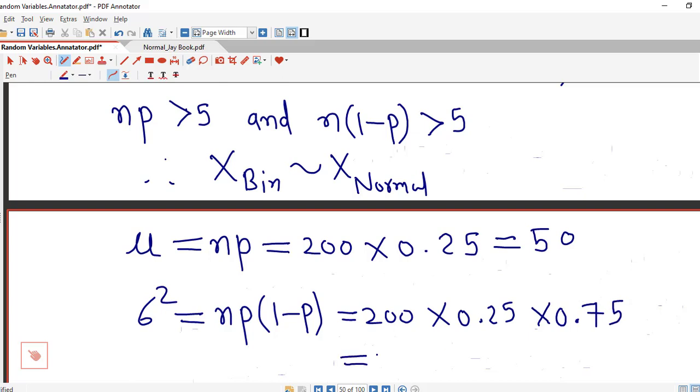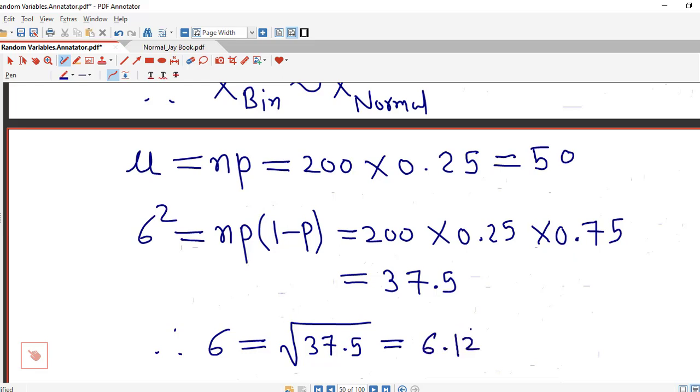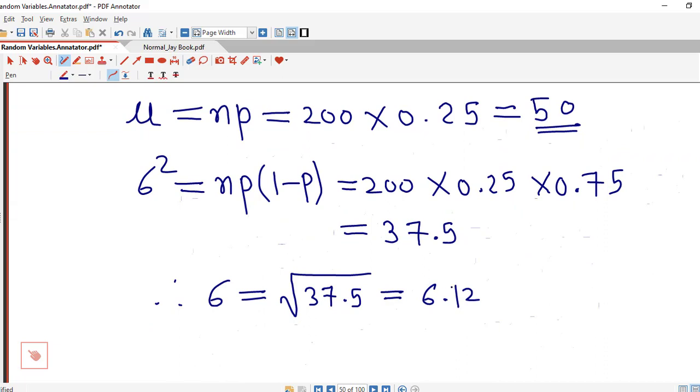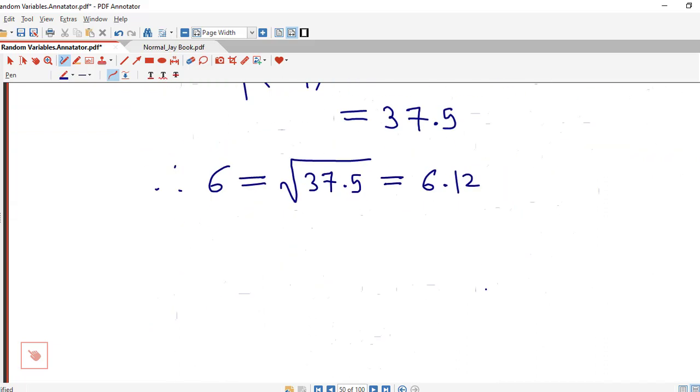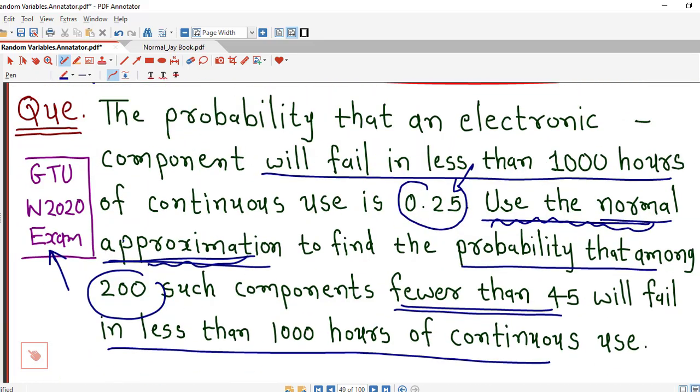So this becomes 37.5. Using scientific calculator I have written, but I am interested in standard deviation, so it is nothing but square root of variance, which is 37.5, and this is nothing but 6.12. So this X is a normal random variable with mean mu equal to 50 and standard deviation sigma equal to 6.12. Now we see what is asked.